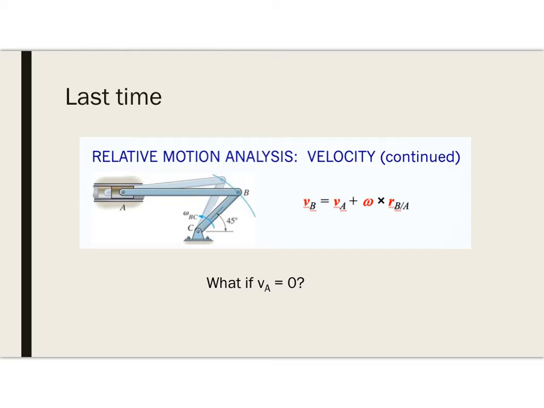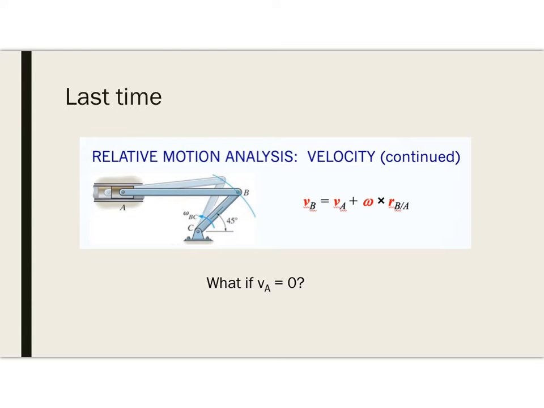So for instance, we looked at this situation right here where the velocity at point B could be related to the velocity that point A has plus the part of it that undergoes some rotation, so the angular velocity crossed with the vector that goes from A to B.